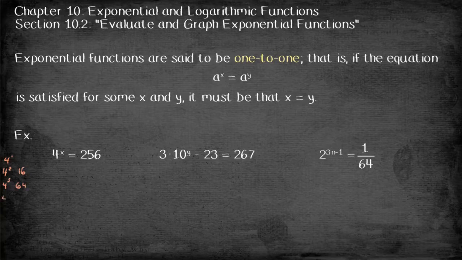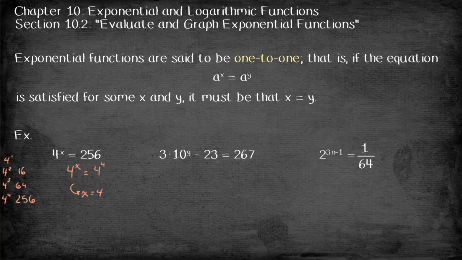We have 4 to the 4th is 256. So this is 4 to the x equals 4 to the 4th. Or, in other words, x is equal to 4. So that's not too bad.